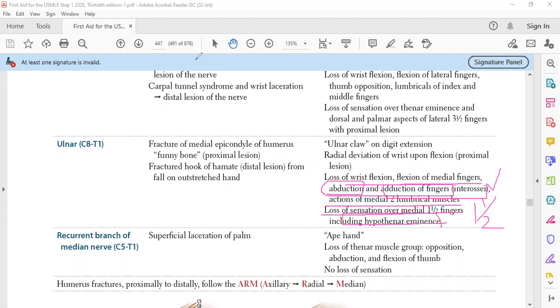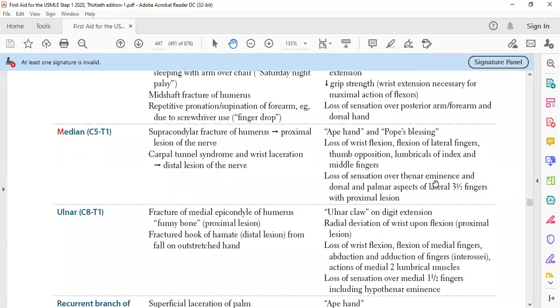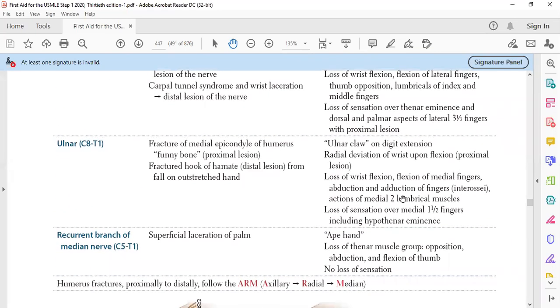So as you can see, in the median nerve there was a loss of sensation over the thenar, on the thumb side, the lateral side. In the ulnar, there is a loss of sensation over the medial 1 1/2 fingers, including the hypothenar eminence.